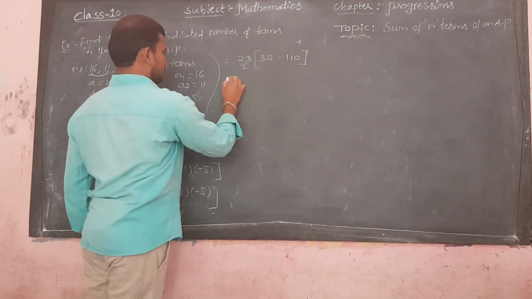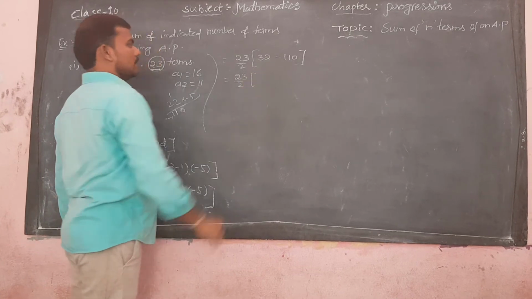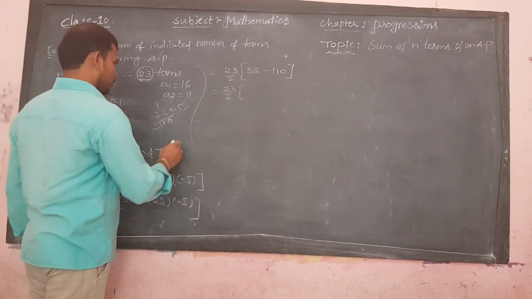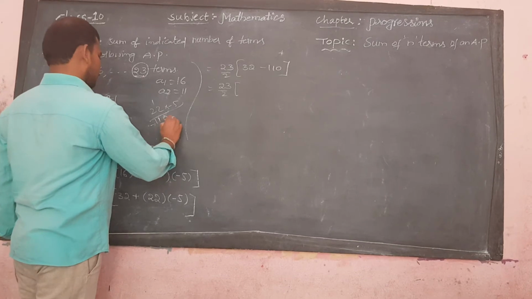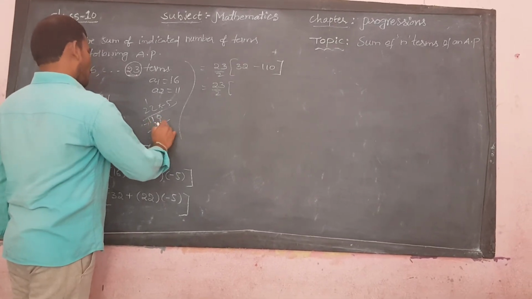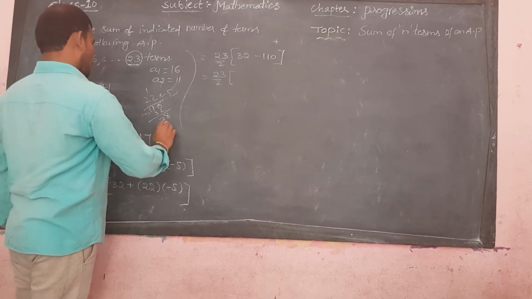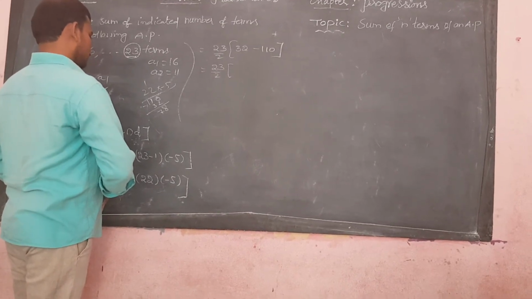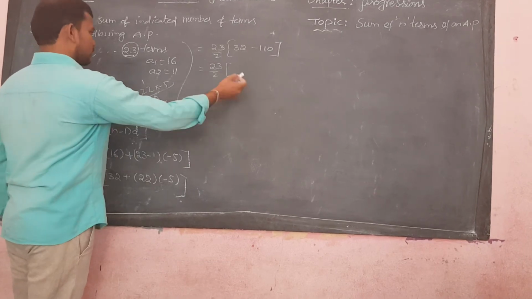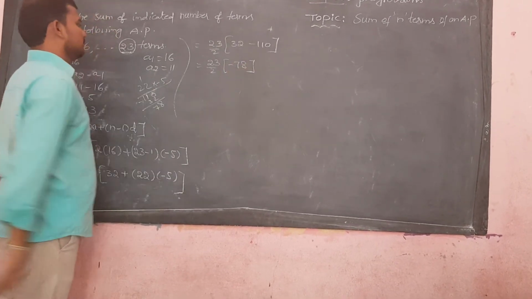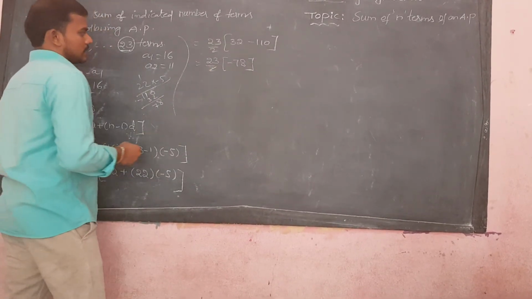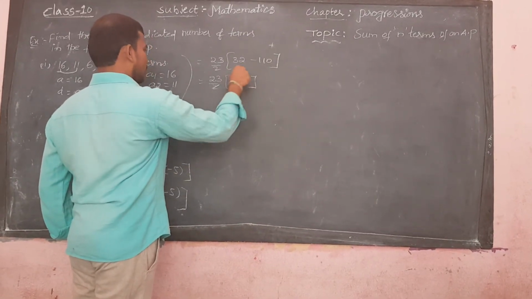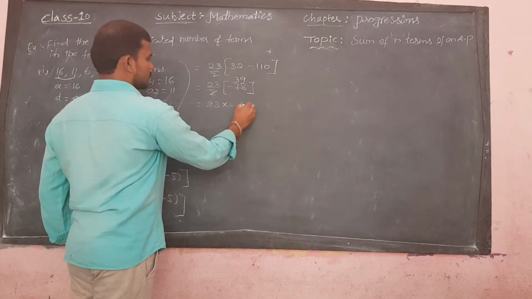So 23 by 2 into (32 minus 110), which is 23 by 2 into minus 78. Cancelling, 2 threes are 6, 2 nines are 18, so we get 23 into minus 39.